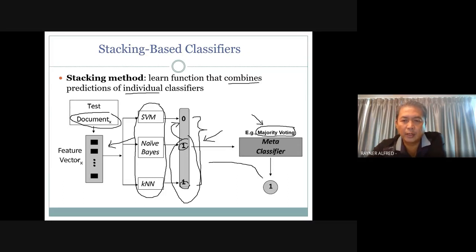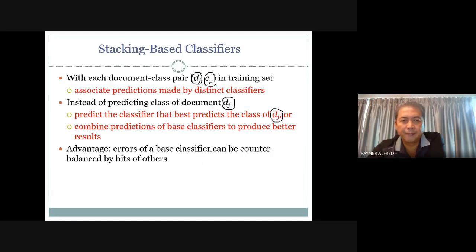All the ones that produce 1 will be taken into consideration. And we combine predictions of the best classifiers to produce a better result.